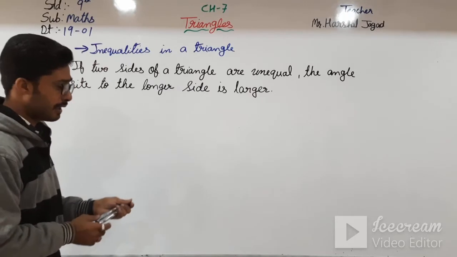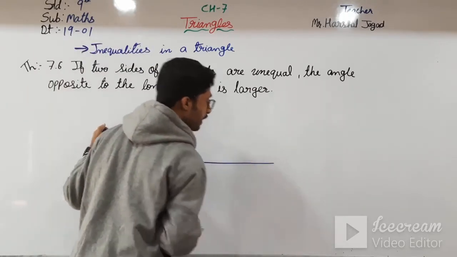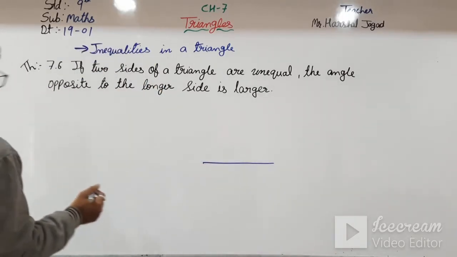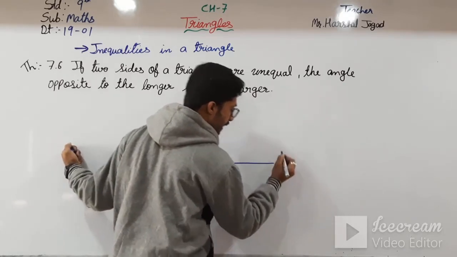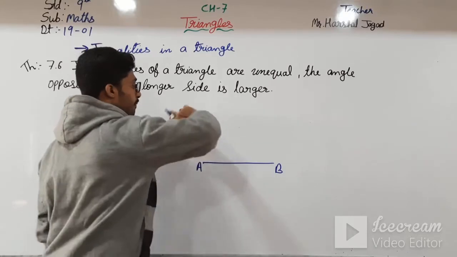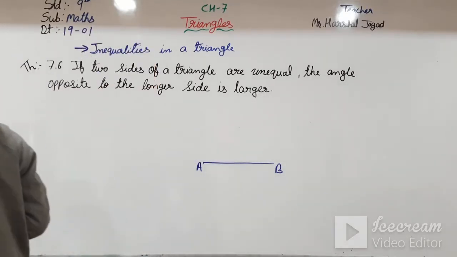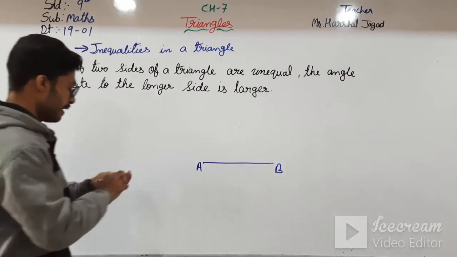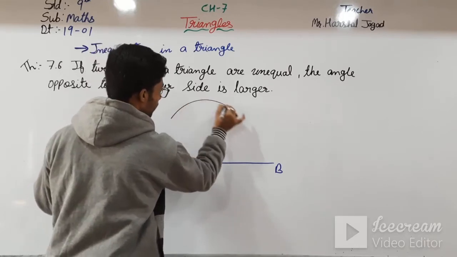Then what they are telling: if I draw a line segment AB, and from here I put an arc over here, see here in your textbook the arc is given from A. Here you can see the arc is given like this.